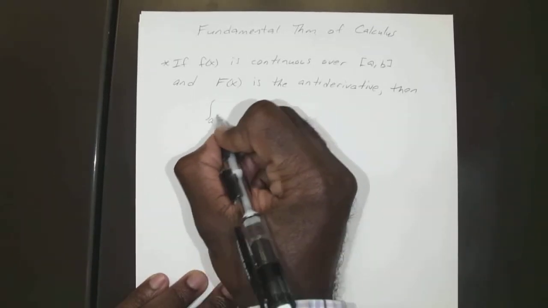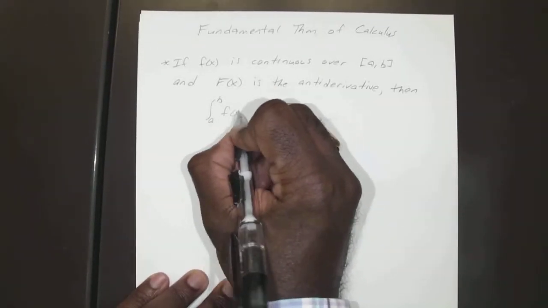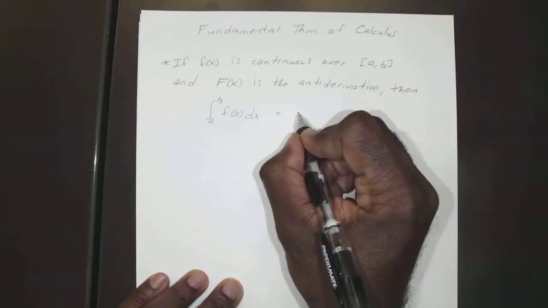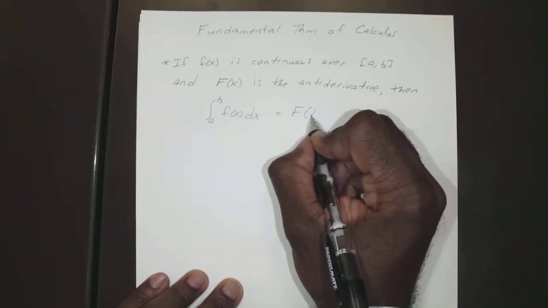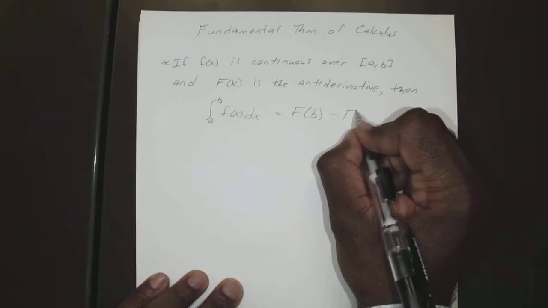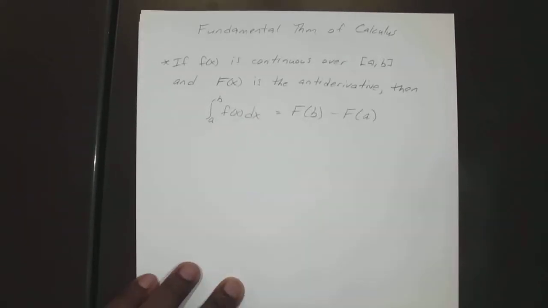Then the integral from a to b of f of x with respect to x is equal to the antiderivative when you plug in b minus the antiderivative when you plug in a.